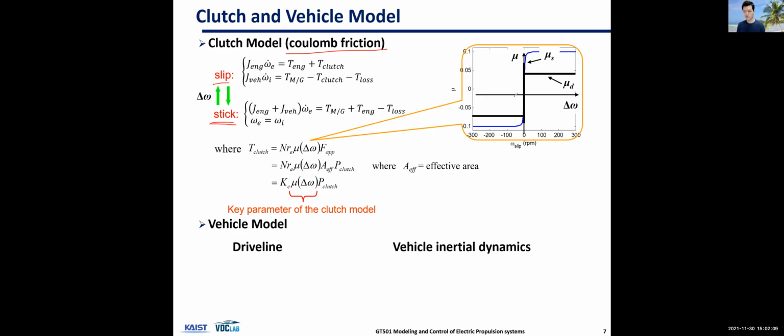When you lock up, when delta omega equals 0, then it's in stick state, meaning that the two clutches are rotating together, and there is higher friction which makes them rotate together.